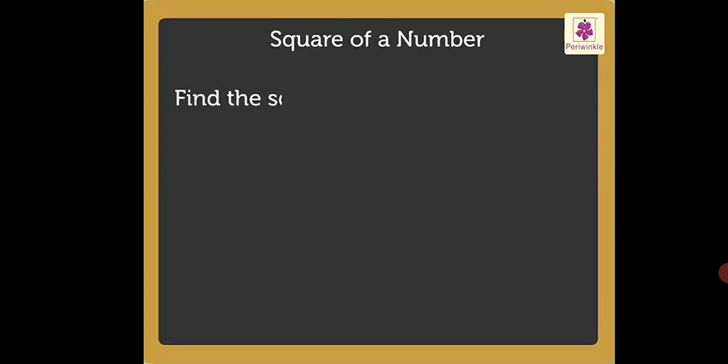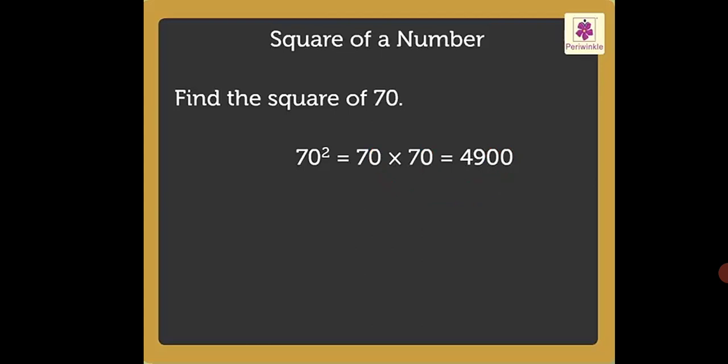Next, find the square of 70. 70 square equals 70 into 70. First, we multiply 7 into 7 equals 49. Then write the two zeros.